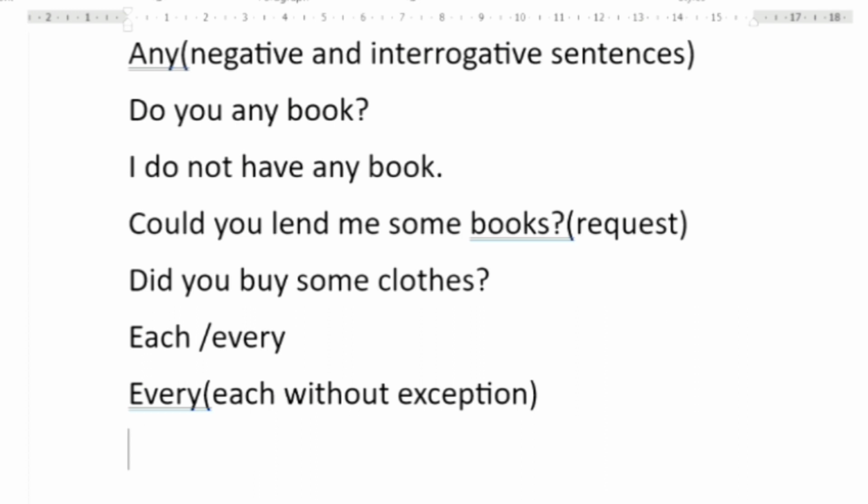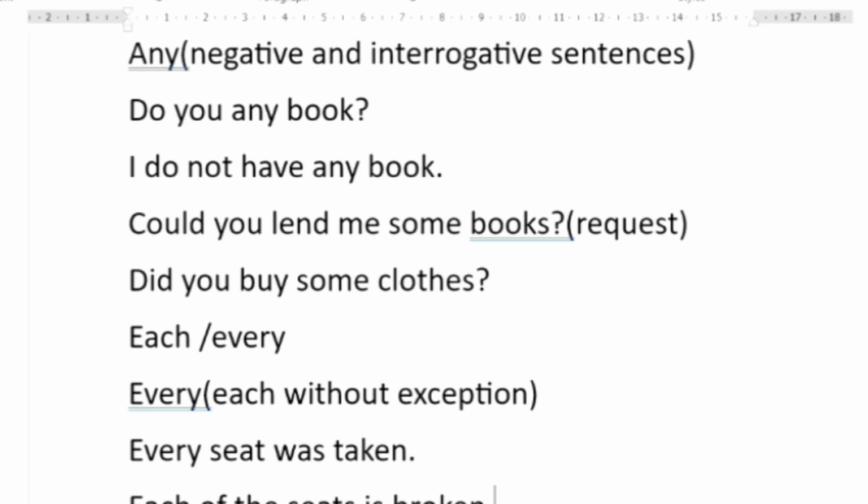Like for example, every seat was taken. So there are many seats. And each is used when the number is definite. So each of the seats is broken. That means there are a limited number of chairs, say 50, 10, whatever, and each of these is broken.